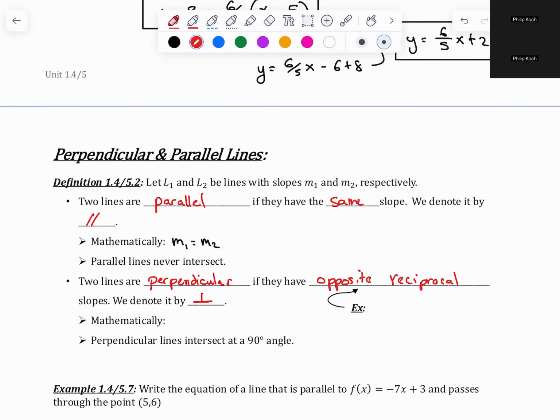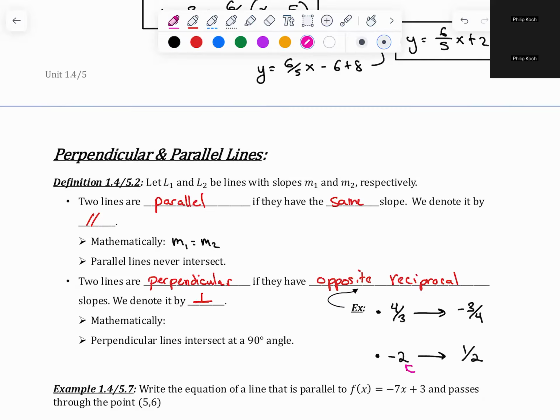Opposite reciprocal, what does that mean? It means in practice, a flipped version with the opposite sign. So as two examples, if you had positive 4/3, the opposite reciprocal would be negative 3/4. The fraction is flipped and the sign is changed. It went from positive to negative and the fraction flipped. If I had something like -2, the opposite reciprocal would be positive 1/2.